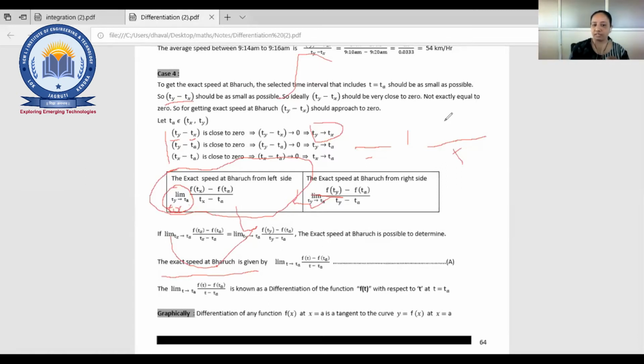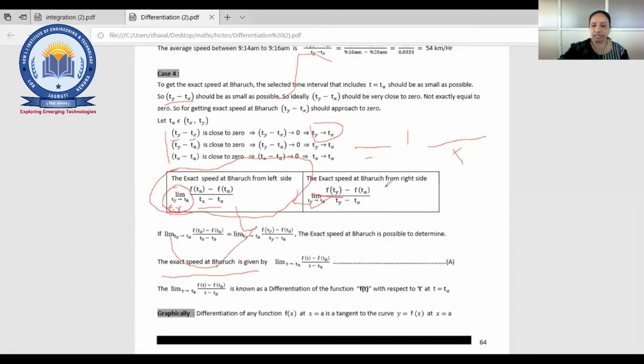It's the same situation as a particular city, Bharuch, right? So two equations you will get. Limit tx tends to ta, f(tx) minus f(ta) upon tx minus ta, and here it is limit ty tends to ta, that means Bharuch from the right side, right?